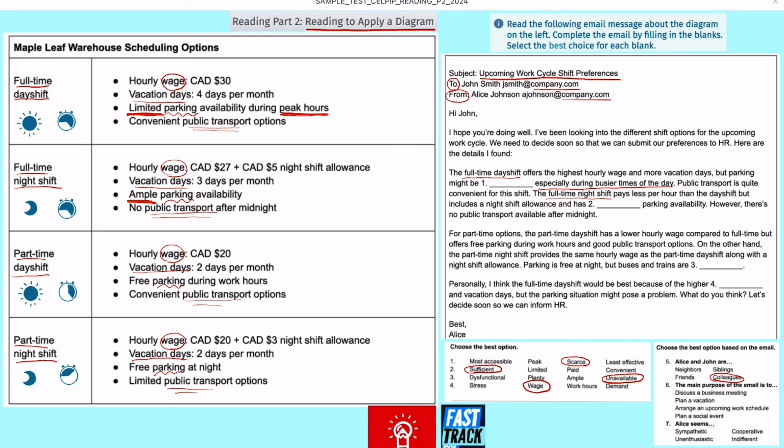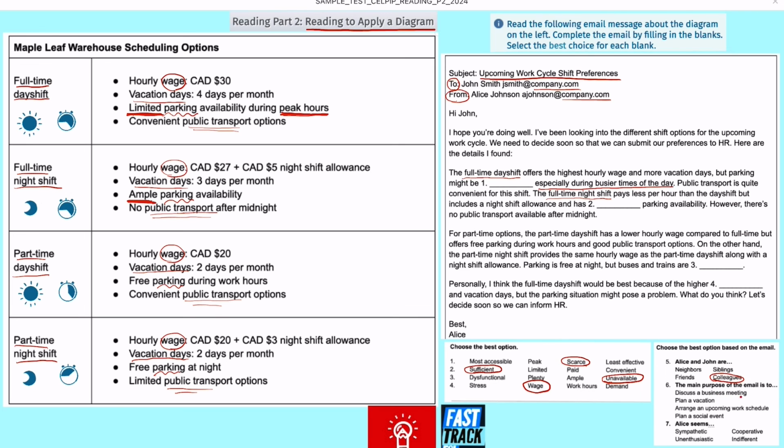Number 6, the main purpose of this email is to... Now, why are they having this discussion? Again, this is something that you can find in the opening paragraph where it says, we need to decide soon so that we can submit our preferences to HR. So they need to announce their availabilities and the shifts that they would like to cover in the upcoming work cycle. And so now we can look at the options.